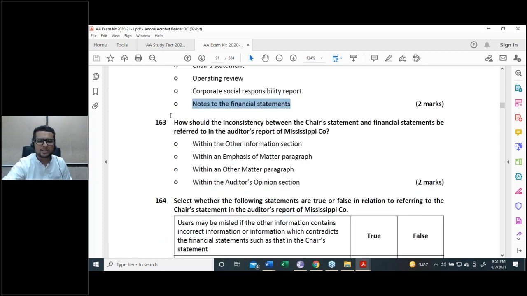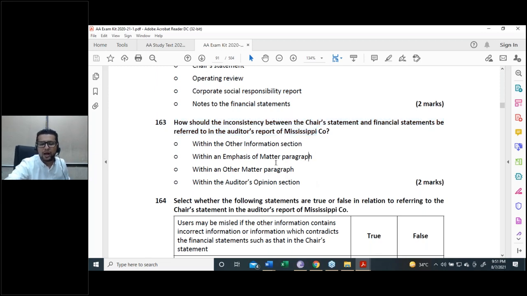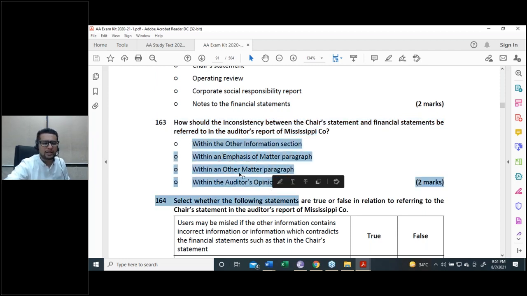Let's go to 163. How should the inconsistency between the chairman's statement and the financial statements be referred to in the auditor's report? Was there an inconsistency? Yes. The chairman says the revenue has grown by 20%. As a matter of fact, it has only grown by 7%. How to deal with it? You have got 30 seconds.